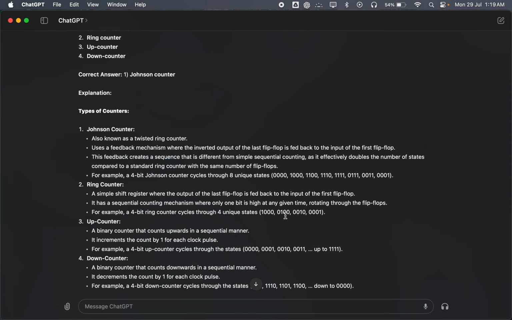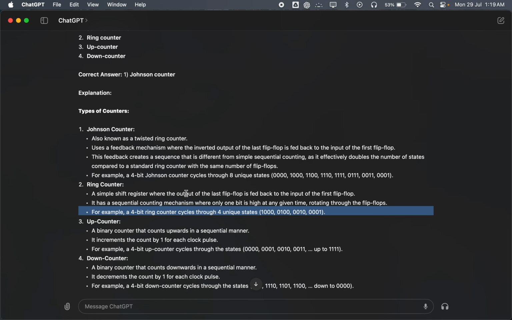This is 8. This is 6. This is 4. This is 1. So maybe this is what it means to be sequential, like one is shifting from right to the left, right? So it's sequential, or you can say vice versa.